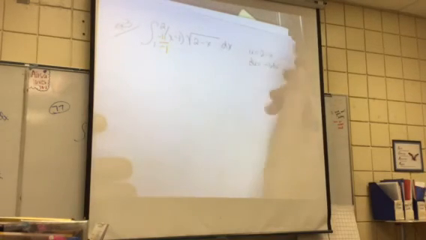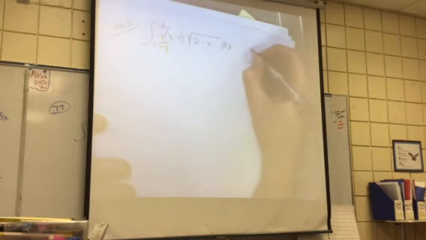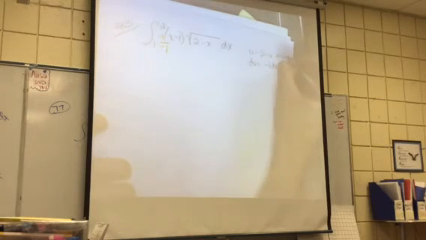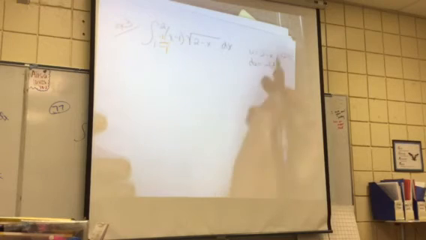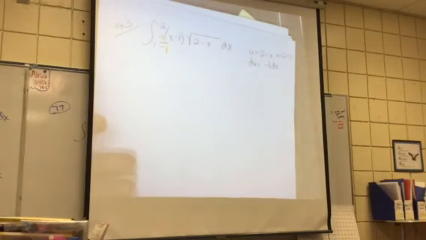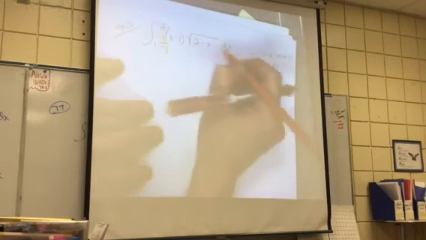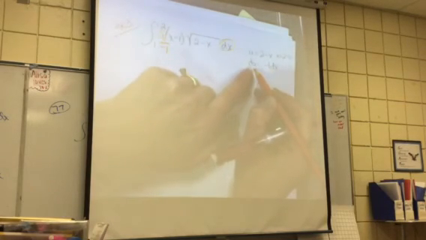Okay, so what will our x be? Negative u plus 2. I think I'm going to write it as 2 minus u. Couldn't I do that? Yeah, you could. Okay, so remember this part is my dx, this negative 1 dx is my du. So that's taken care of.